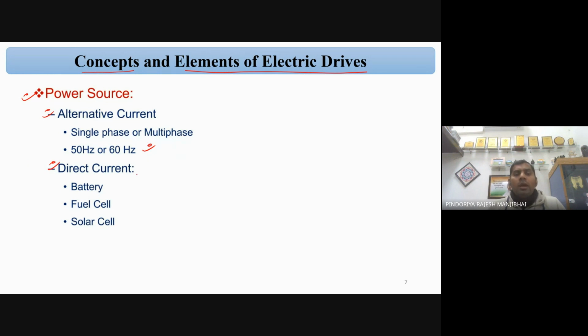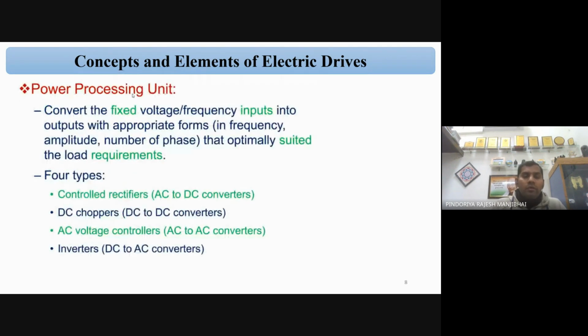And direct current, that is maybe the battery, fuel cell, or solar cell. So power source, all of you know. Depending on the power source, we can also classify our drives, AC or DC. Okay, first element. Second element is the power processing unit, and that is nothing but your converter part.